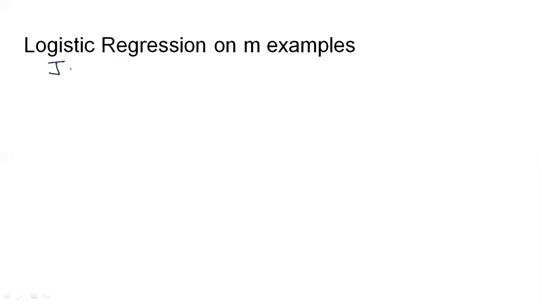Suppose we take the initial value of the final cost function J as 0, the initial value of dw1 as 0, the initial value of dw2 as 0, and also the initial value of db as 0. Because further we update the values based on these initial values. You can take any initial value, but for simplification I have taken dw1, dw2 and db as 0.